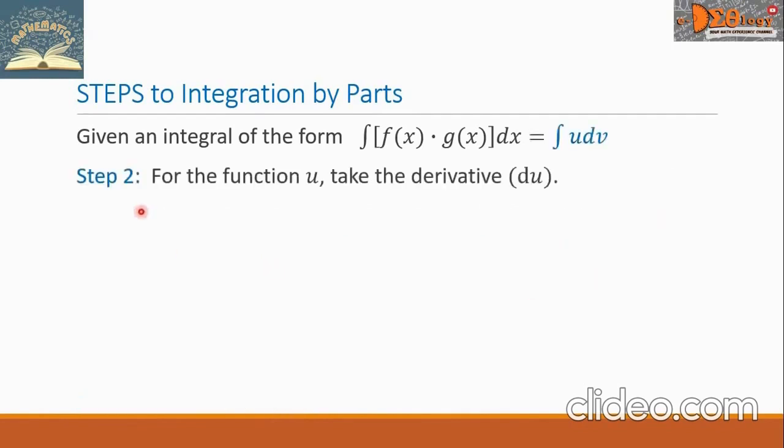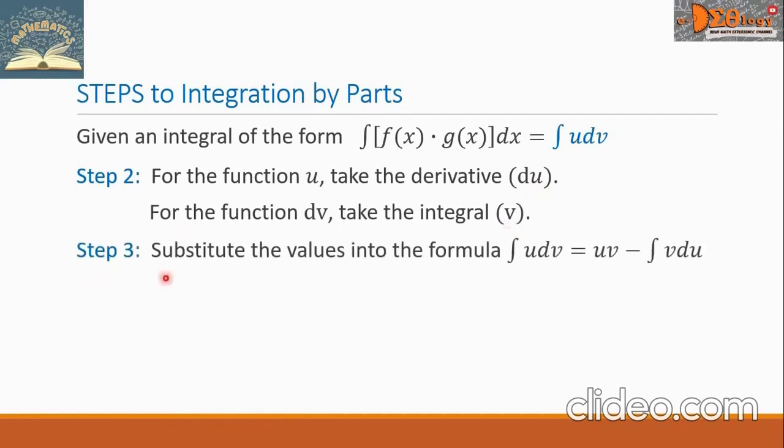Let's go now to step 2. After choosing the function u and the dv, we will now do this. For the function u, we will take the derivative, and that will be the du. For the function dv, we will take the integral, and eventually we will get the function v.